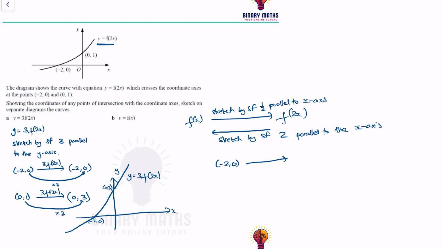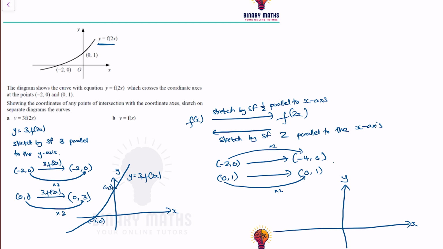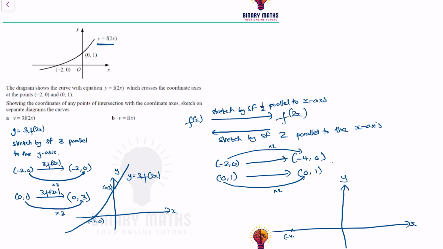So I get minus 4, 0 for that one, and for the other coordinate 0, 1, only the x coordinate multiplies by 2, which means I get 0, 1 still. So now the sketch goes from minus 4, 0. The 0, 1 is still the same. So it looks something like this, and this is f of x.